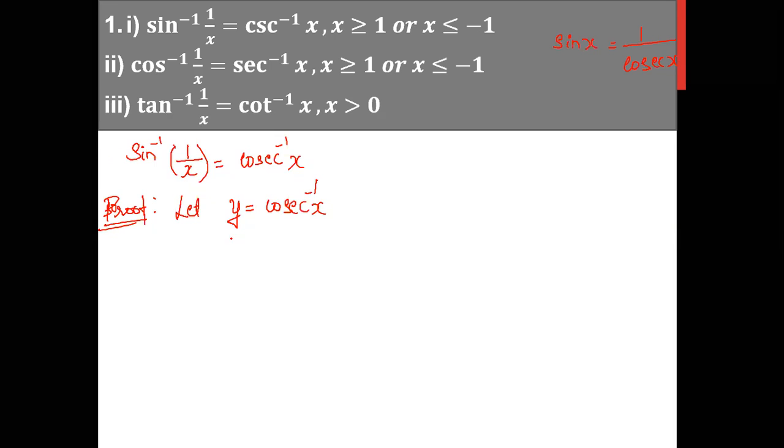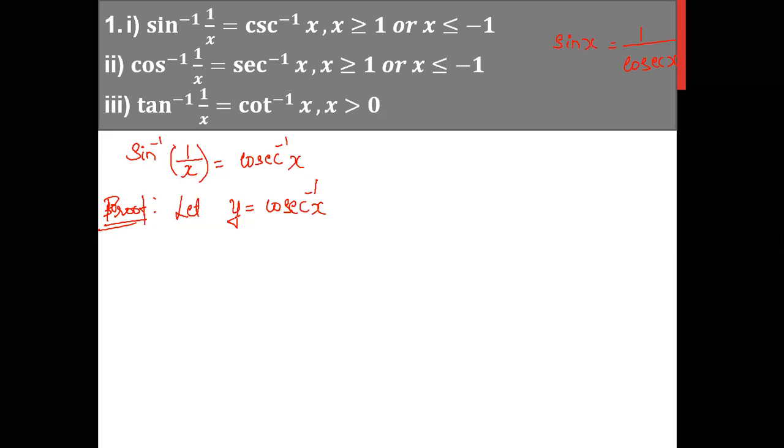Now what do I have to prove? To prove this property, I have to show that y is also equal to sin inverse 1 by x.